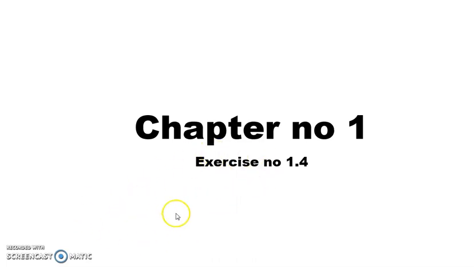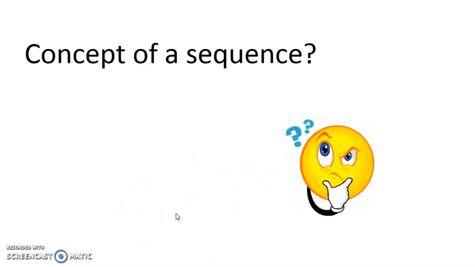Earlier in this course, we introduced the concept of a sequence as a particular list of numbers. And we looked at some basic types like arithmetic sequences, geometric sequences, and even some more interesting ones like the Fibonacci sequences.